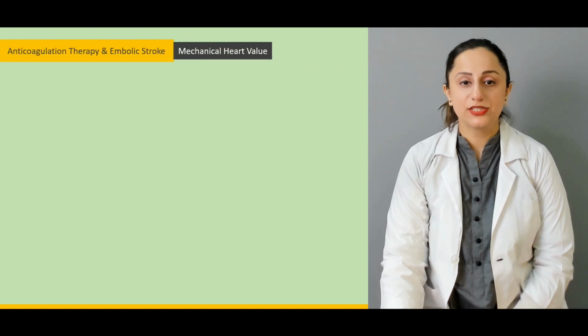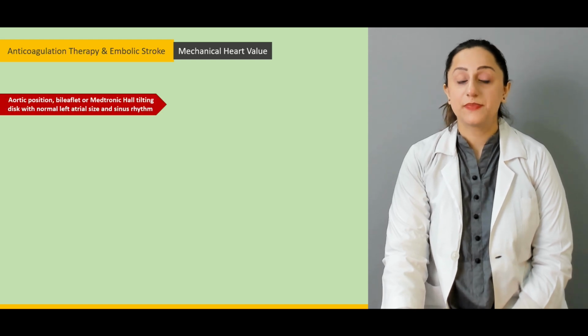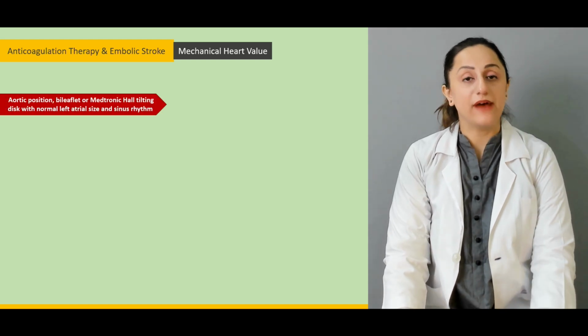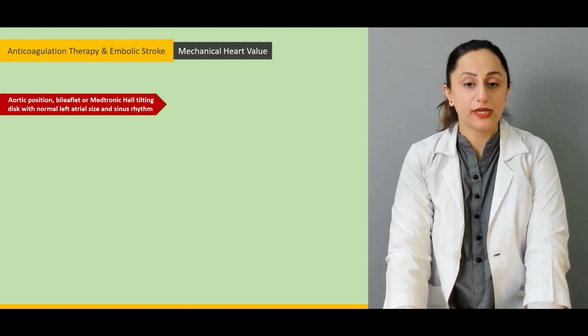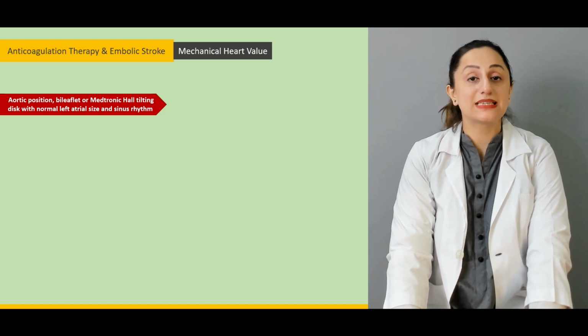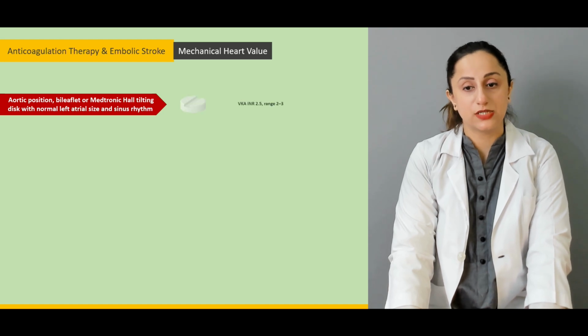For the anticoagulation therapy in a mechanical heart valve, you have to evaluate the aortic positioning, the bileaflet or Medtronic Hall tilting disc, with normal left atrial size, and if a sinus rhythm is seen for these individuals.